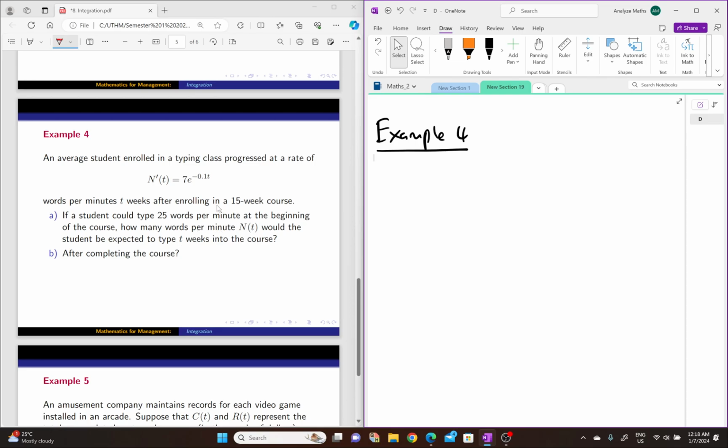T is a week. If a student could type 25 words per minute at the beginning of the course, how many words per minute would the student be expected to type t weeks in the course? Okay, so this is a 15-week course. The n is actually after 1 week of the course, how many words the student can type in 1 minute. After 2 weeks, then we can compute how many words the student can type in 1 minute. Okay, basically we need to find the n first.